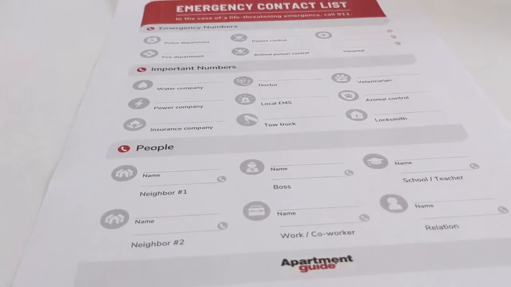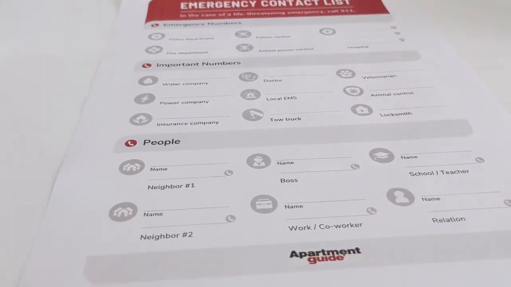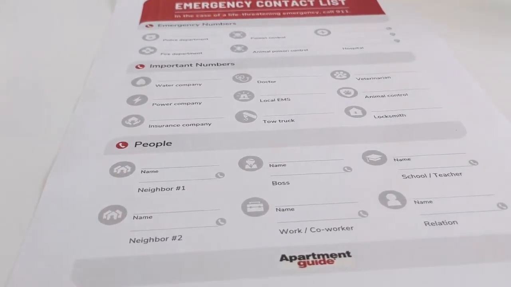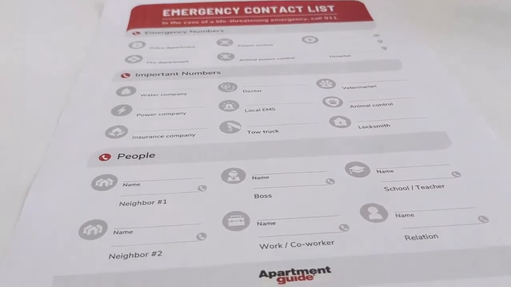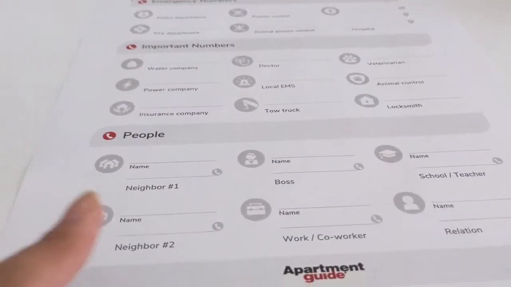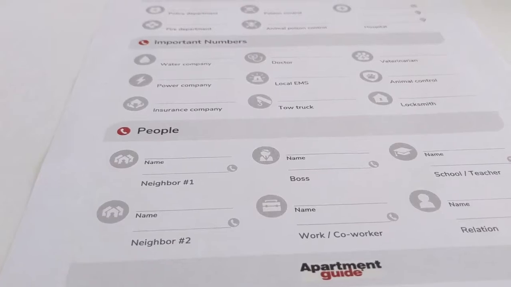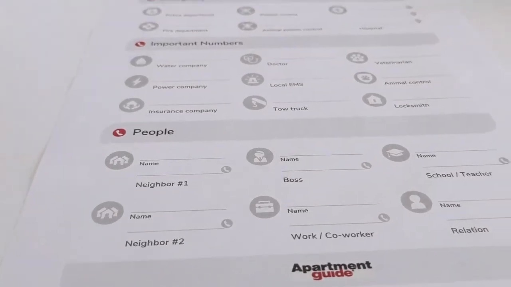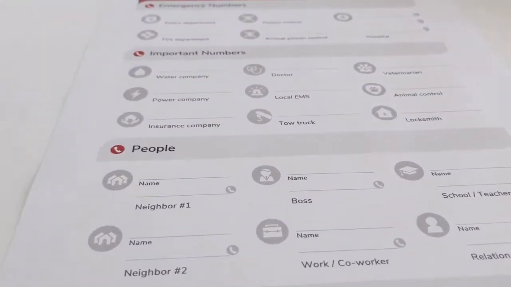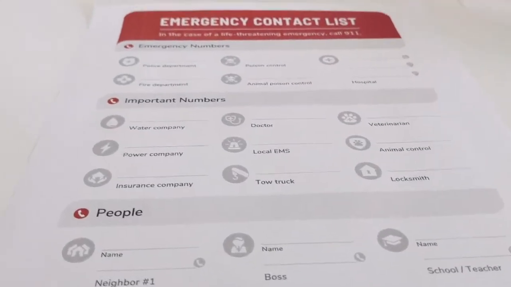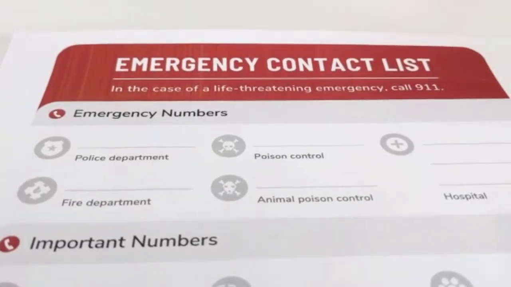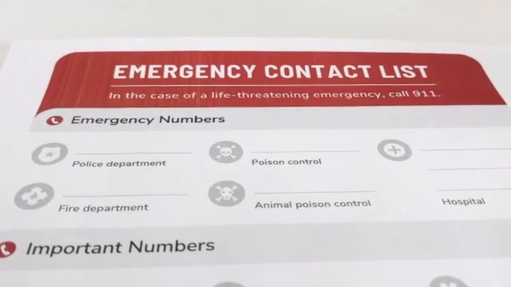You can cross off some of them. So for neighbors, I don't consider them as my emergency contact people, so I can always just cross off neighbor and put in another professional or anything like that. So yeah. On top you have: in case of a life-threatening emergency, call 911.